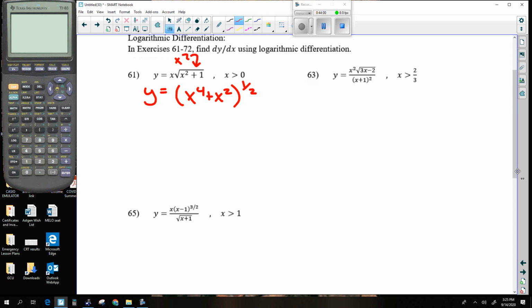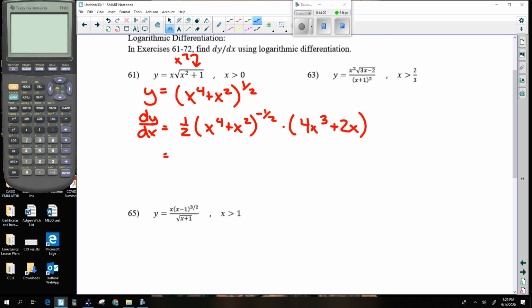Same kind of idea. So the derivative is 1/2 times x to the fourth plus x squared to the negative 1/2, times 4x to the third plus 2x. So this is going to be divided by 2.